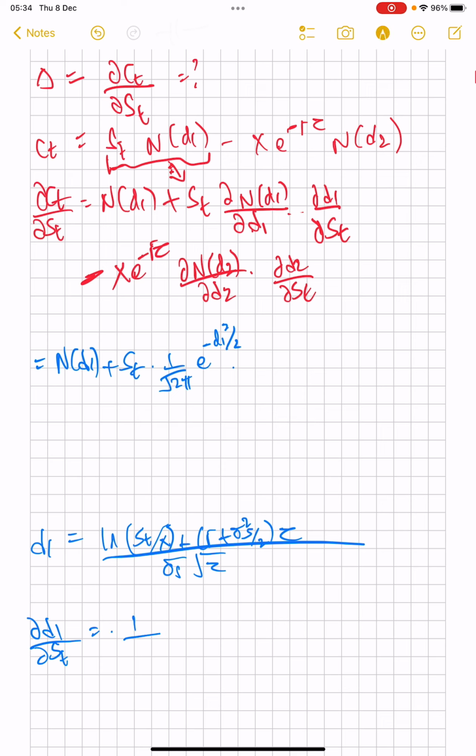So it's going to be 1 upon St sigma root T over this. Okay, because of this, ln of St over X is 1 upon St. And I have this, and this is a constant, so its derivative is 0.